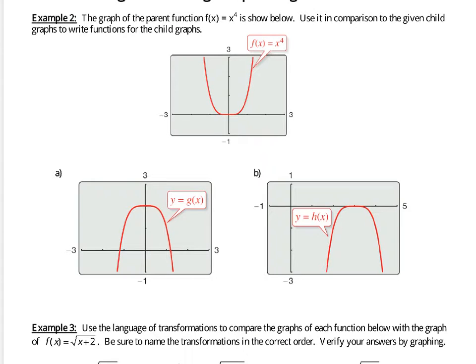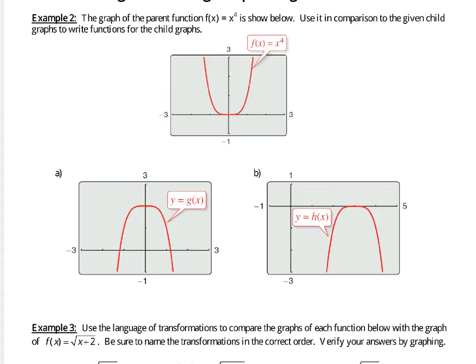Example 2 asks us to compare the parent function and use our knowledge of rigid transformations to write equations for the functions you see in Part A and Part B. If you observe the differences between the parent and Part A, the first thing you notice is that in order to see the graph in Part A, there must have been a reflection of the parent over the x-axis.